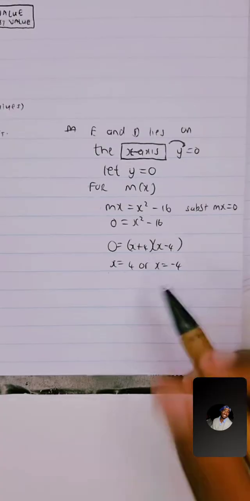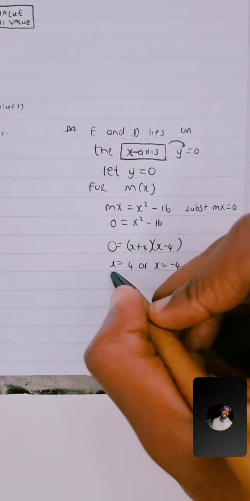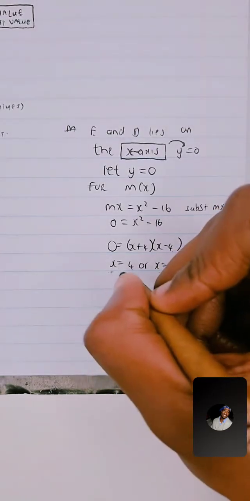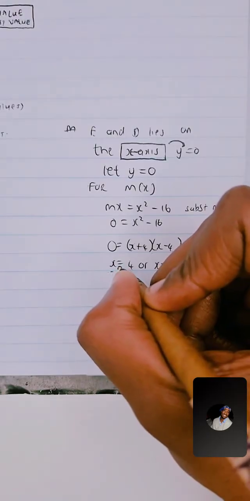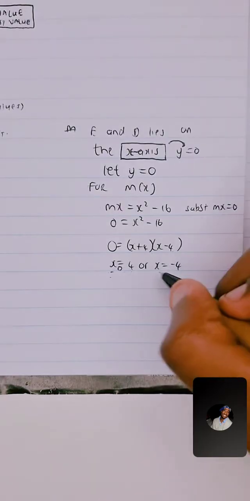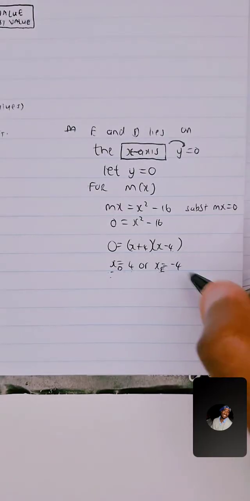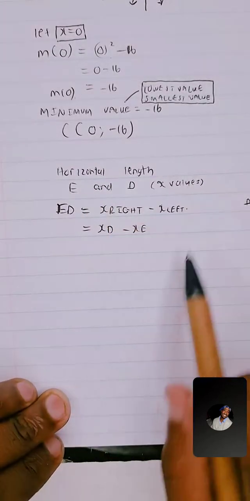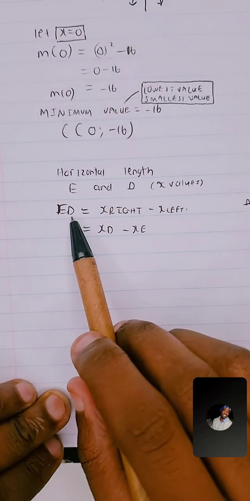All right, that means we have the x values that we wanted. Definitely x of D, the x on the right, is 4. The x of E is negative 4. That's what we want so that we can now find the horizontal length of ED.